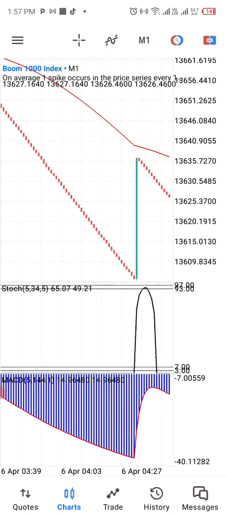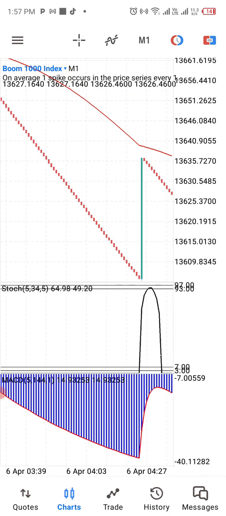It's very simple. It's just three things you need to do. The first thing is, if you are trading crash, you ensure your price is above 144, your MACD bars are above the zero line, and you wait for a touch and reversal on level 7 of stochastic, and you place your trade immediately.